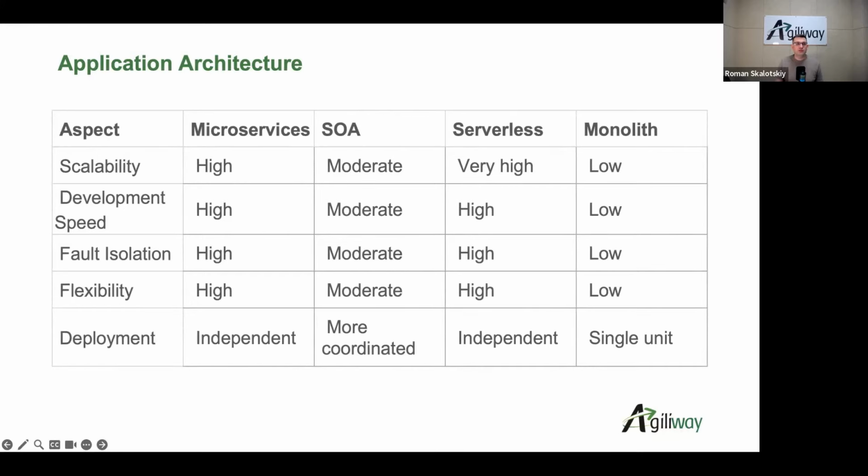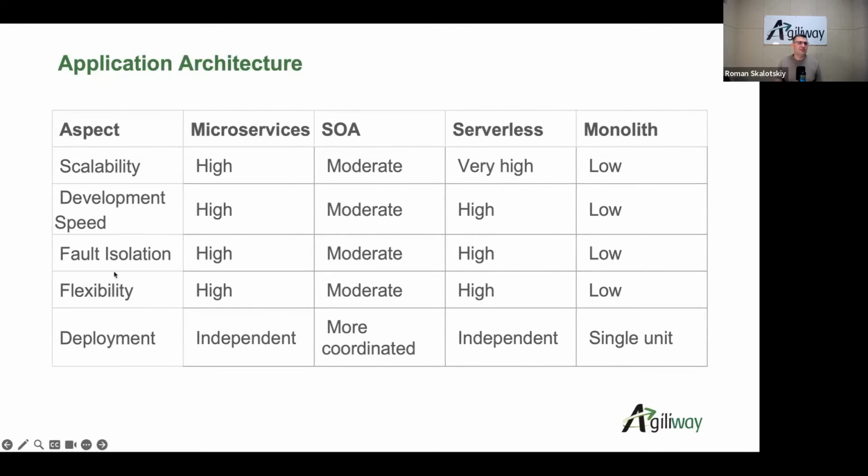Next one is SOA, and may need to scale multiple services. Very high level is for serverless, with automatic scaling based on the demand. And the last one is the monolithic, low, because the entire application must be scaled together.